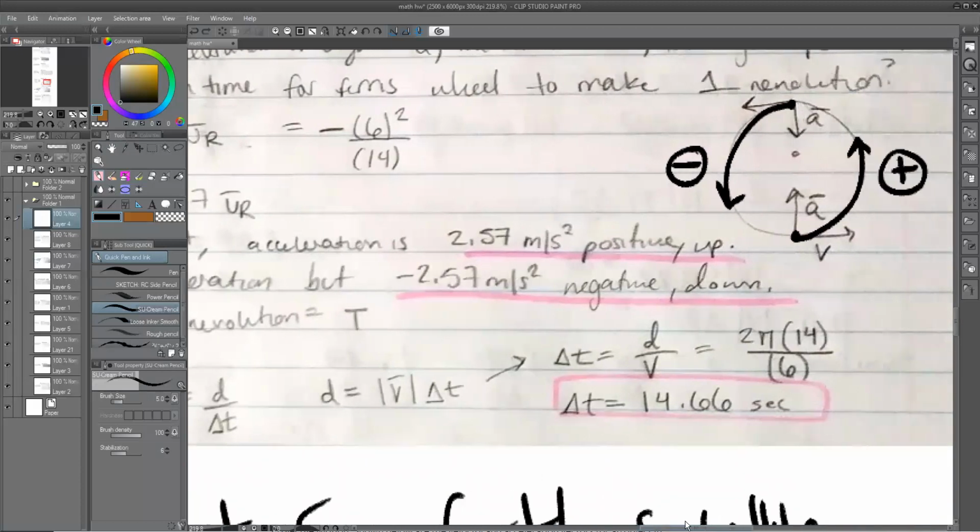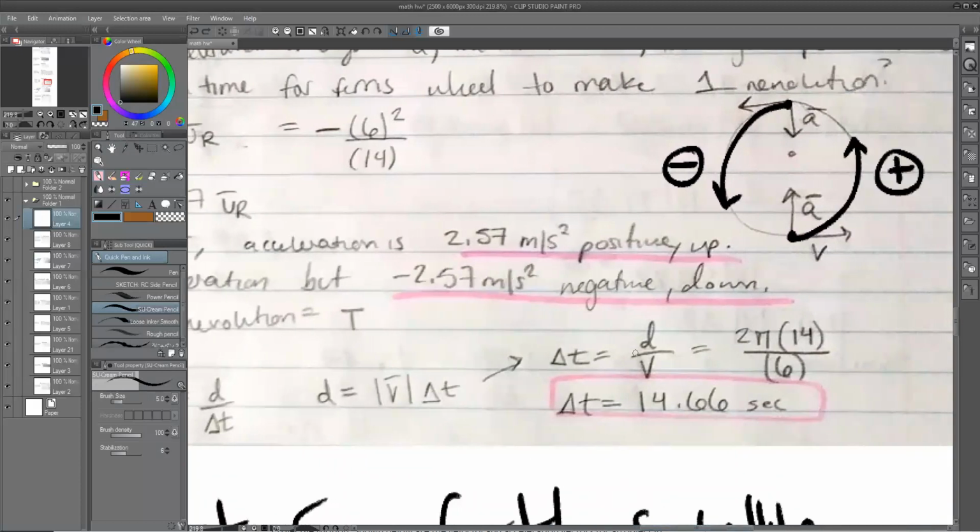So I know the values that can be plugged in for this top equation. So I know r, and I know the velocity. So I just plug them in, and then I get delta t is equal to 14.66 seconds.